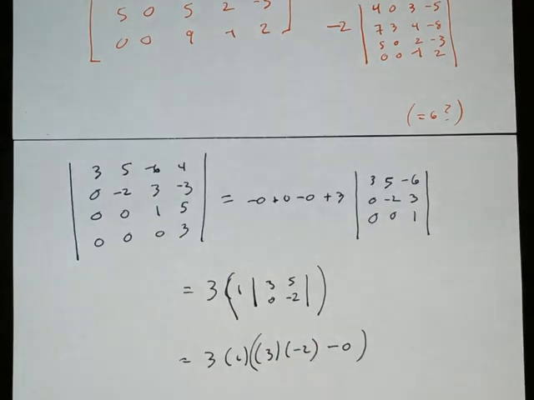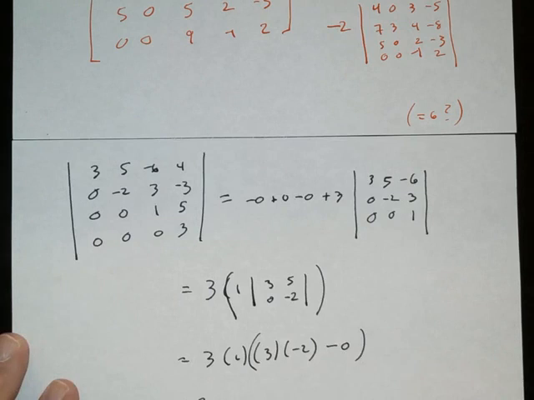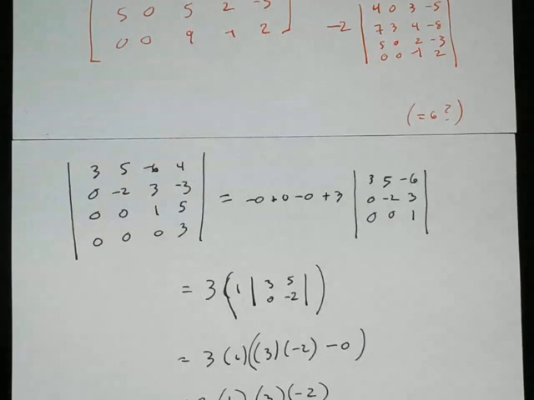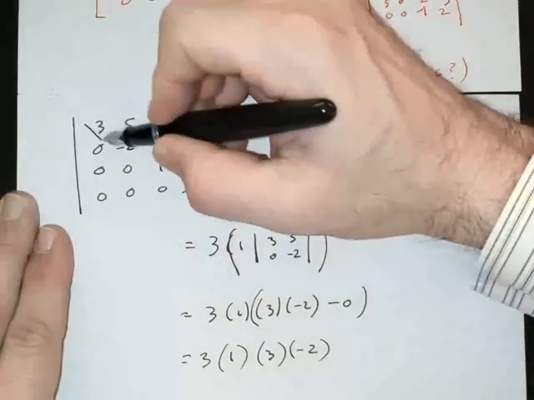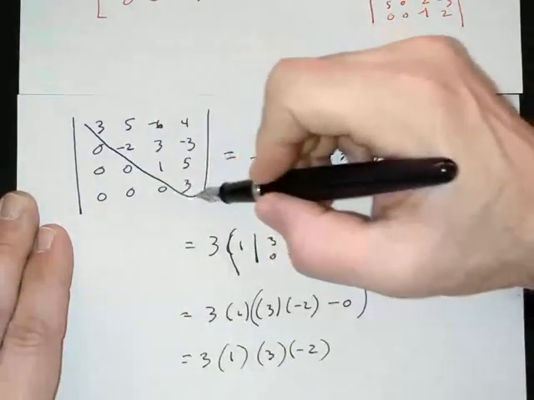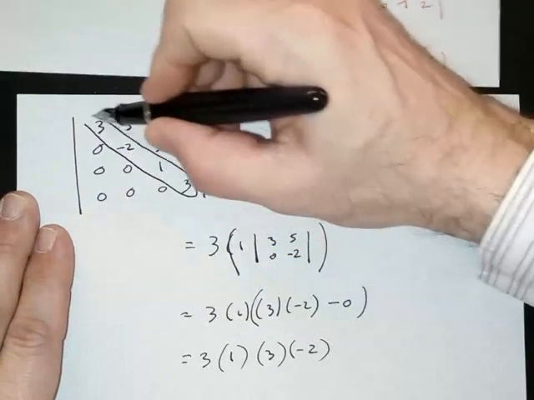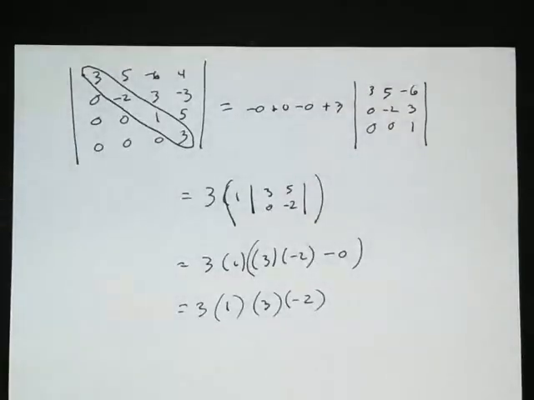Three times minus 2, 0 times 5, right? Wait a minute. This doesn't matter. So this is 3 times 1 times 3 times minus 2. Three, 1, minus 2, 3.